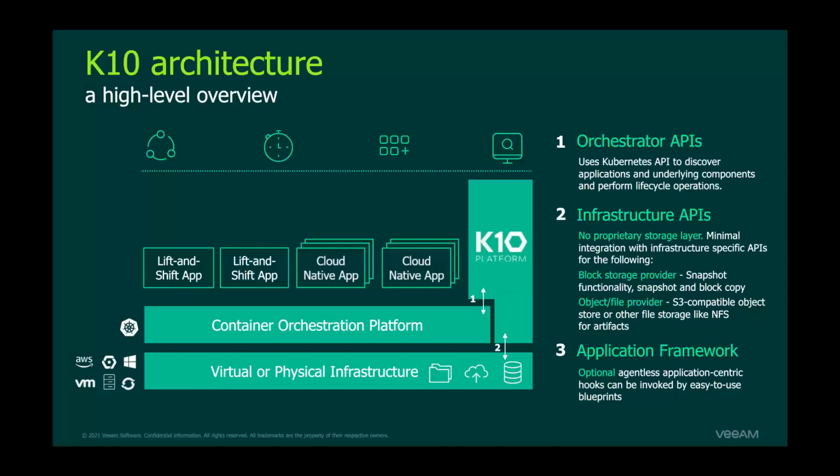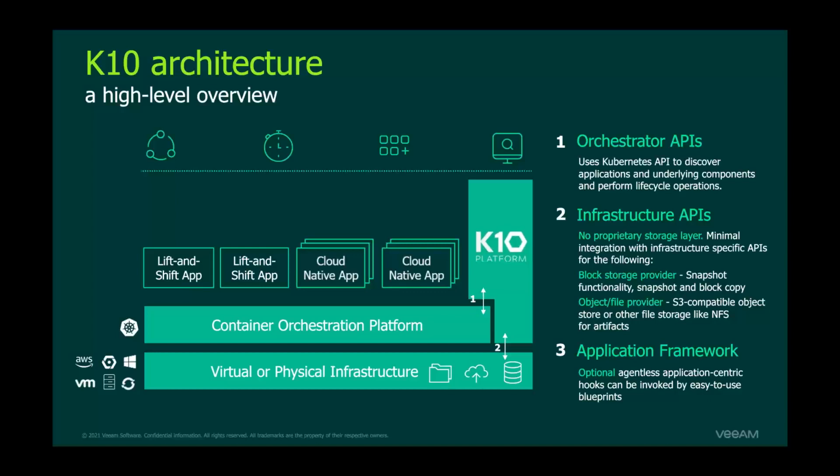For example, in the public cloud, we are able to interact with the native API of AWS, Azure, or even Google Cloud, and then use their storage API to trigger native snapshots or native functionalities like that.